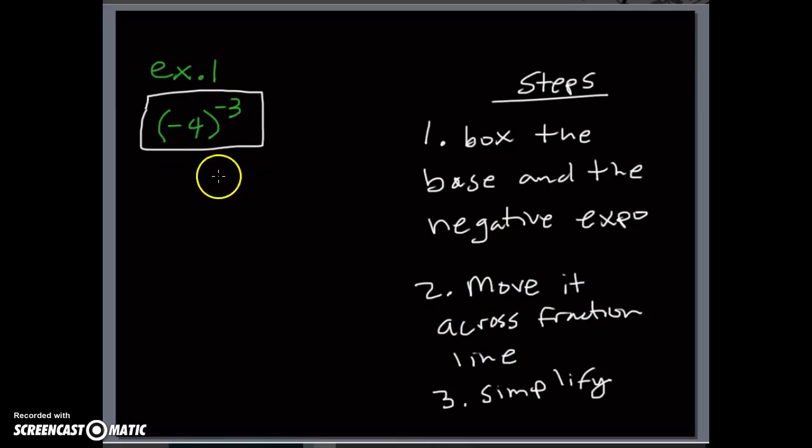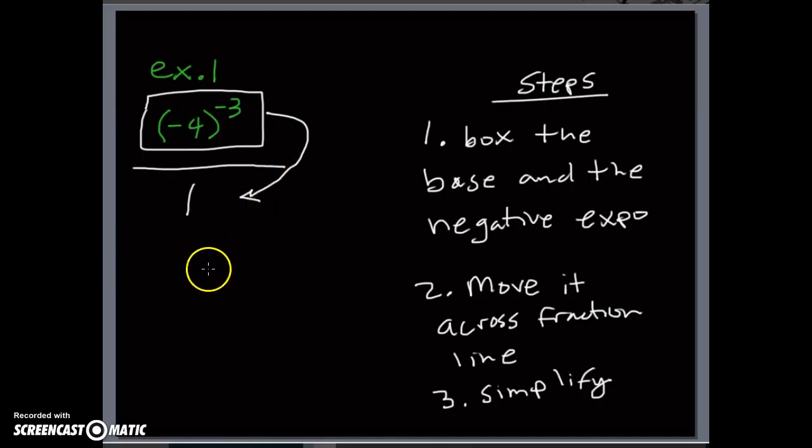And I know you're thinking, well, I don't even see a fraction line, so how can I move it across something that doesn't exist? Well, if you don't see a fraction line, that means your expression is in the numerator. So you can easily just draw a fraction line, and you could put a 1 under it, because anything divided by 1 is itself. So now we've got a fraction. In order to make it a positive exponent, I'm going to take the base and the exponent and move it into the denominator.